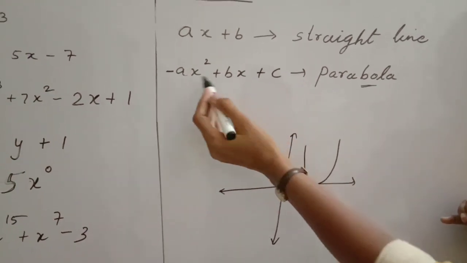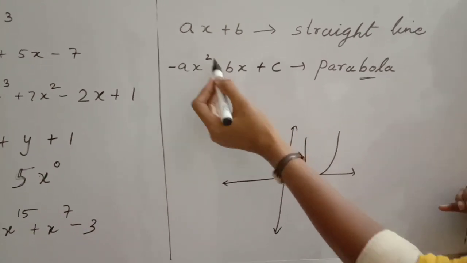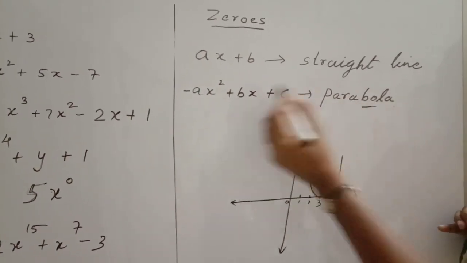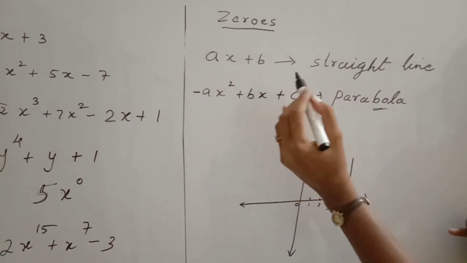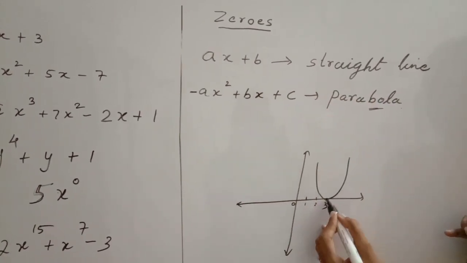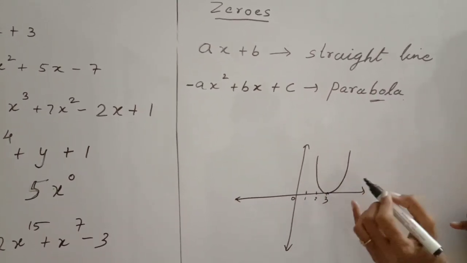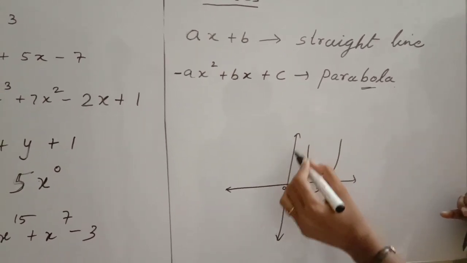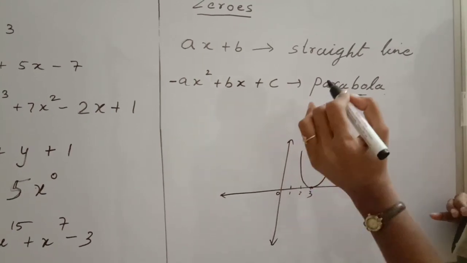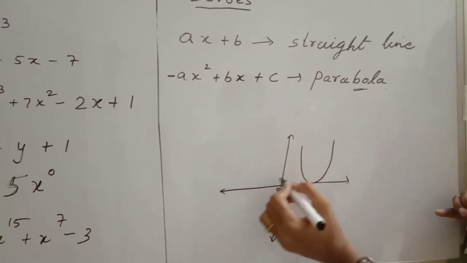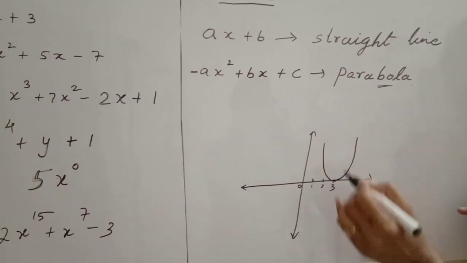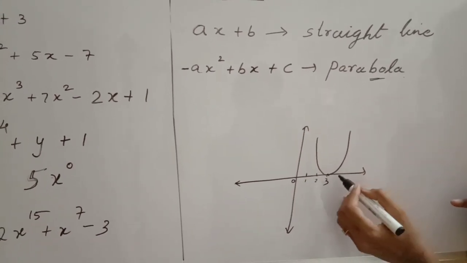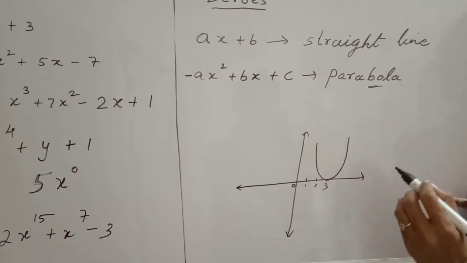So a quadratic polynomial represents a parabola. If a quadratic polynomial has only 1 zero, it will touch the x-axis. If it has 2 zeros, it will intersect the x-axis at 2 points. And if it has no zero, then it will not touch the x-axis. So by seeing the graph, we can tell how many zeros the quadratic polynomial is having.